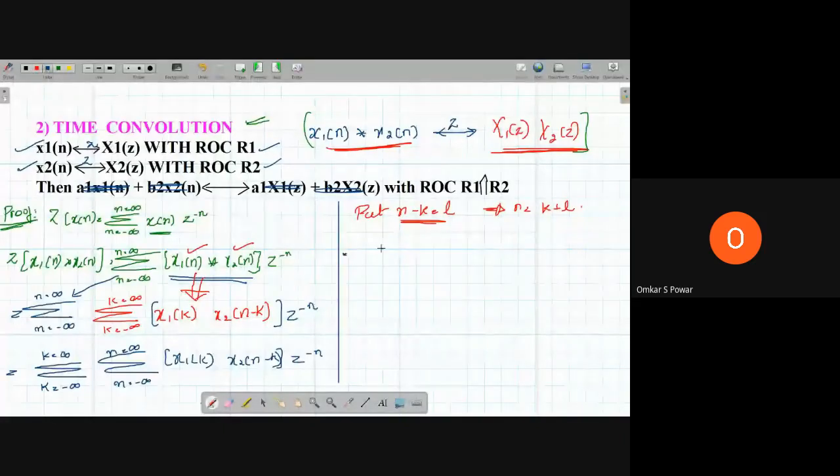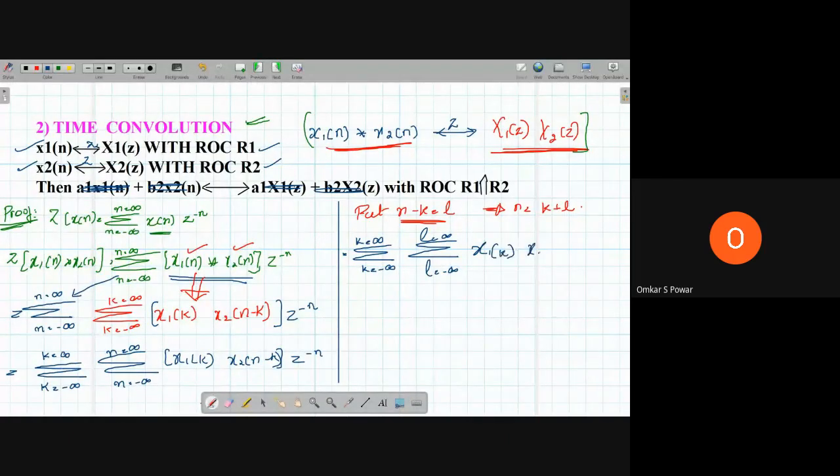Summation k varies from minus infinity to infinity. So now I have to replace n by L. So L is equal to minus infinity to infinity. And what we have got, x1 of k, I'll write it as it is, and x2 of n minus k, so n minus k is equal to L, into z to the power of minus n. So n is nothing but k plus L. So it will be minus k minus L.